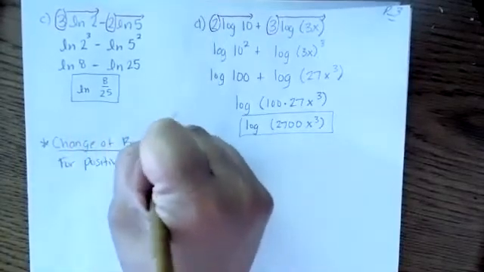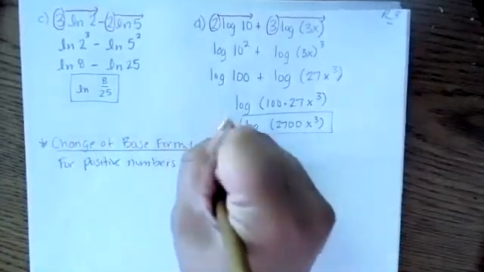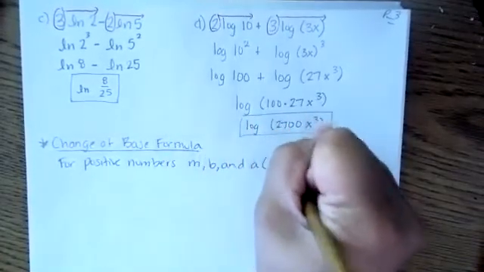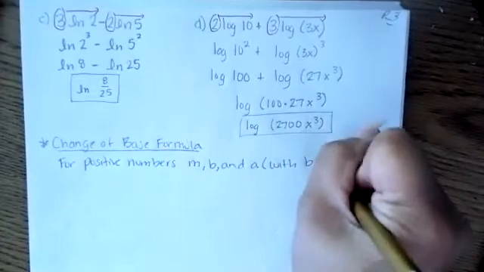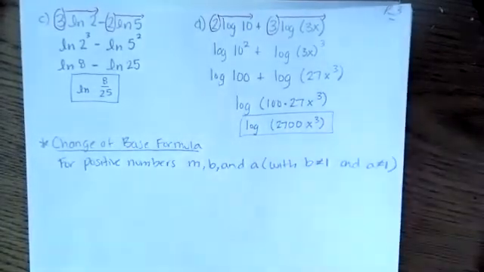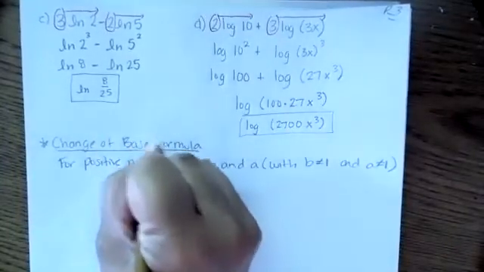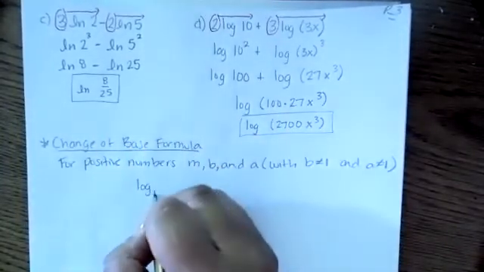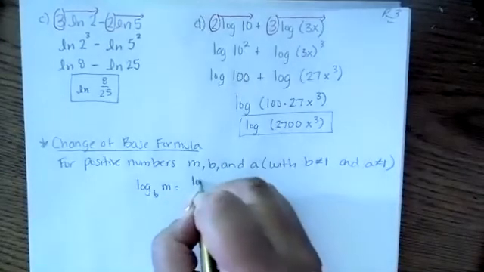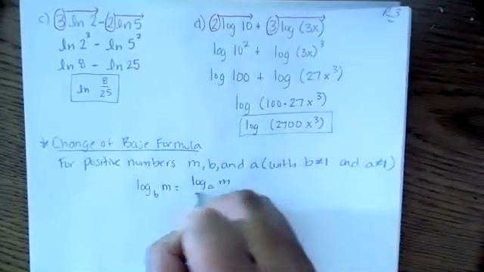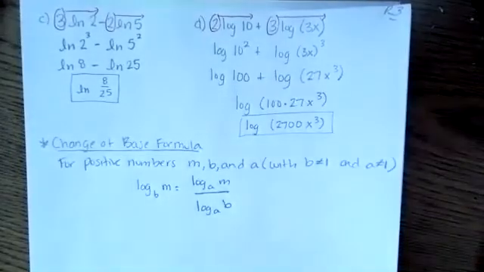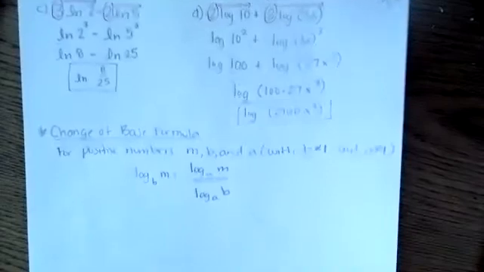For positive numbers M, B, and A, with B not equal to 1 and A not equal to 1, if we have log base B of M, that is going to be log base A of M divided by log base A of B.